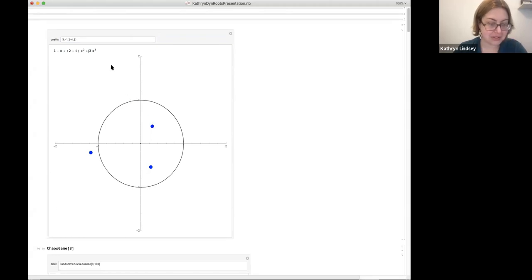Mary told us that this is a degree 3 polynomial, so we should have 3 roots. And when we look at this picture, we do indeed see the 3 dots representing the 3 roots. There's a black circle drawn just to indicate where all the points that are distance 1 from the origin are. Let's try another one just so we can see how this works.